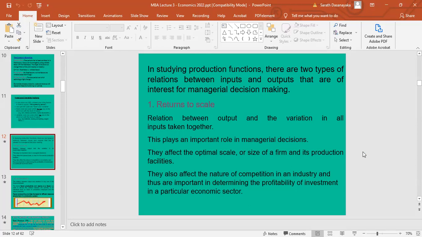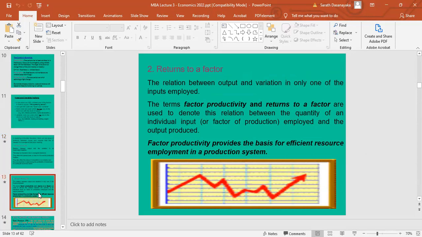Then we can do a lot of analysis based on the returns to scale part of the production function. And another one is returns to a factor. That means the relation between the output and variation in only one of the inputs employed. That means one factor is fixed, another factor is changing. The terms factor productivity and returns to a factor are used to denote these relations between the quantity of an individual input or factor of production employed and the output produced.